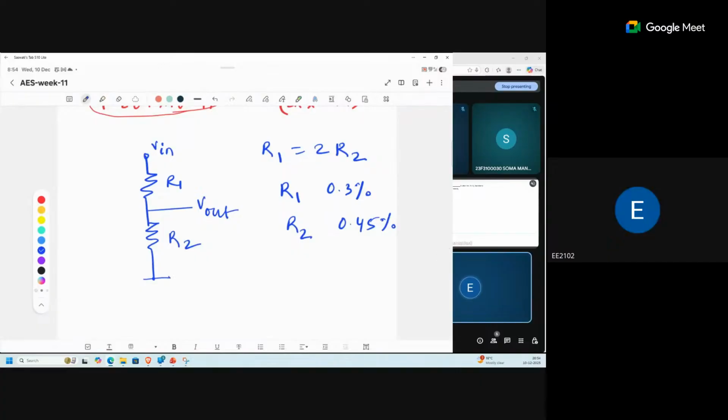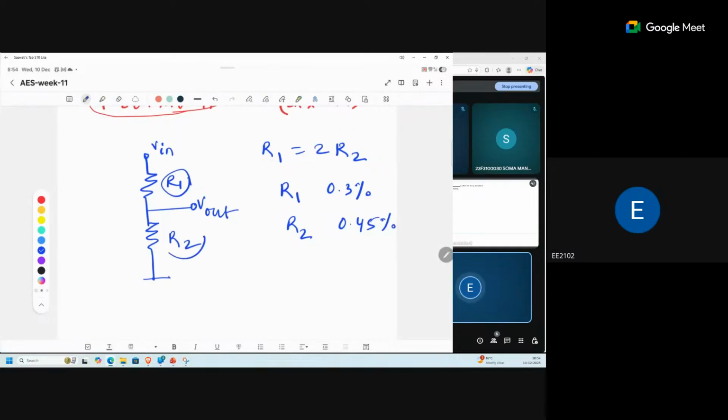Okay, so then it has asked for the variance in output voltage in percent. First of all, just understand the question. I don't want to solve the question first; I want to explain it.